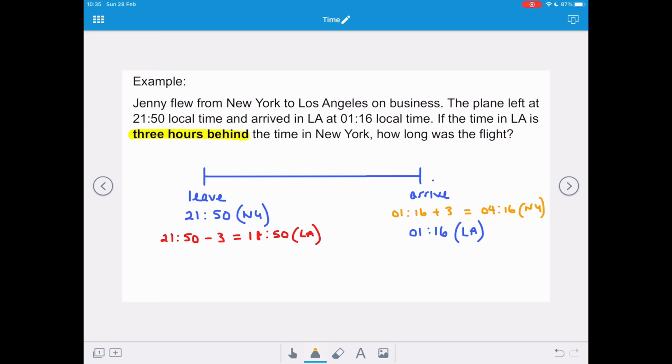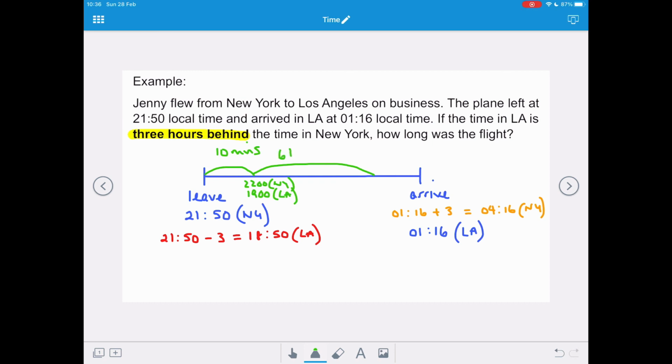Now we can work out the time interval by using our o'clocks. So we know that the first o'clock after 21:50 is 10 minutes later, and it would be 2200 New York time, or 10 p.m. Or if we're working in LA time, it would be 1900 hours, or 7 p.m. Then we need to work out how many hours it is to the nearest o'clock before 04:16 or 01:16.